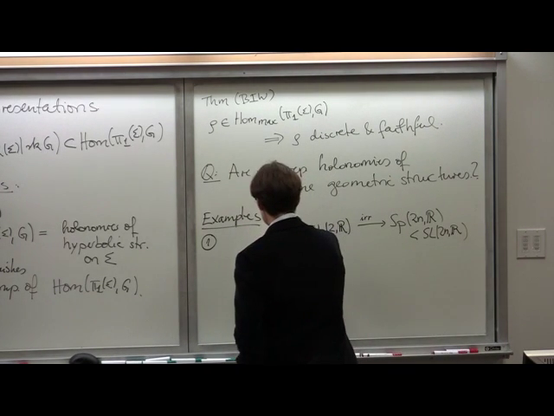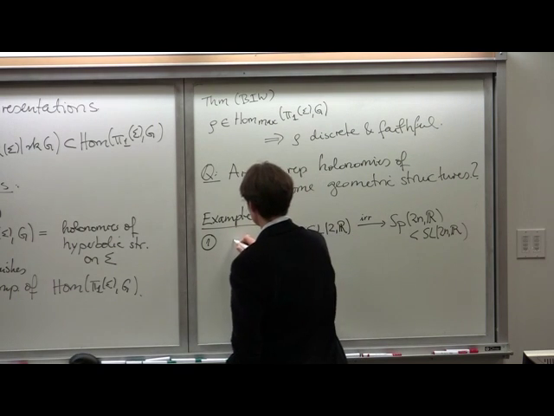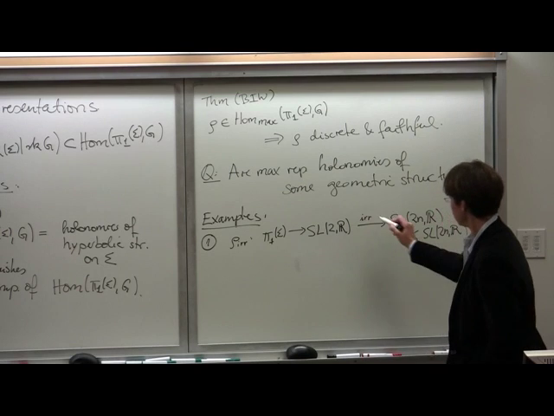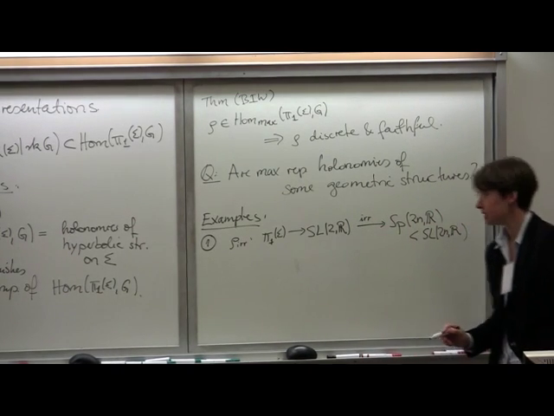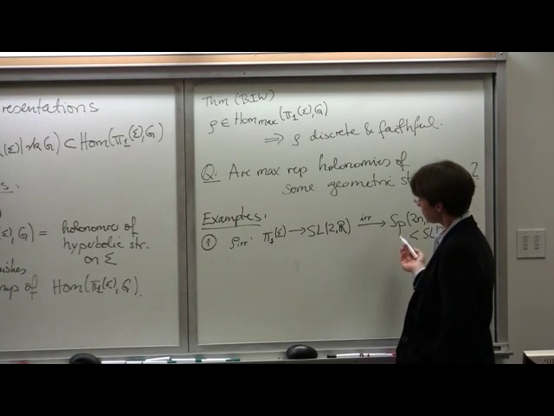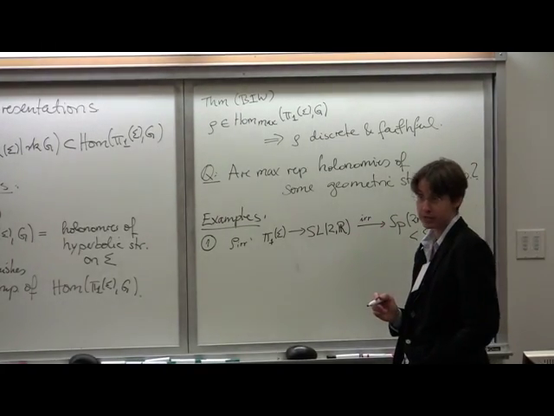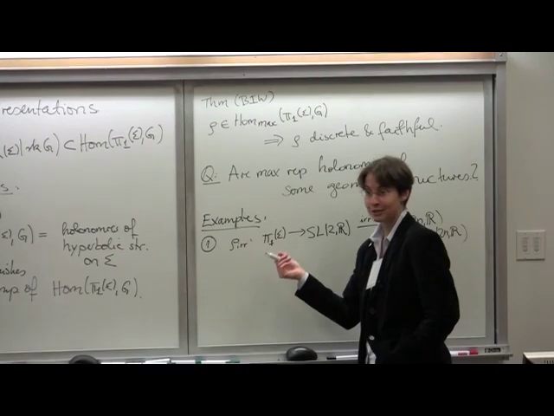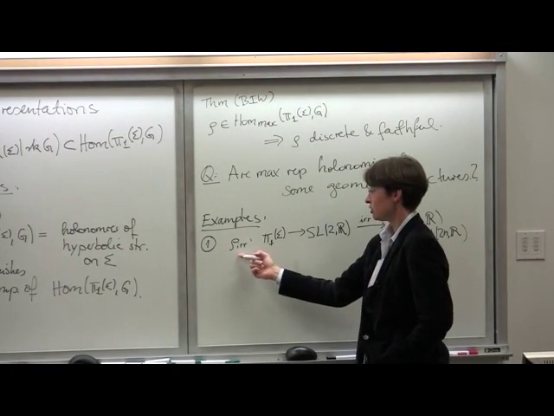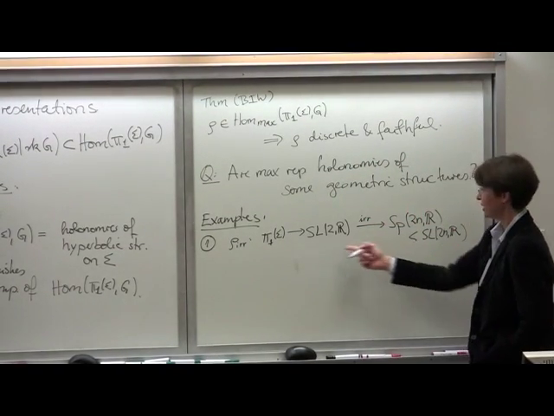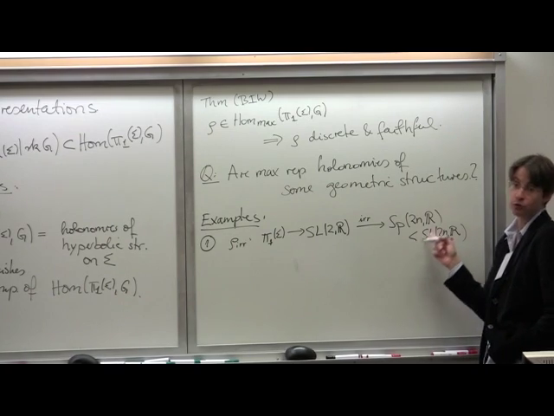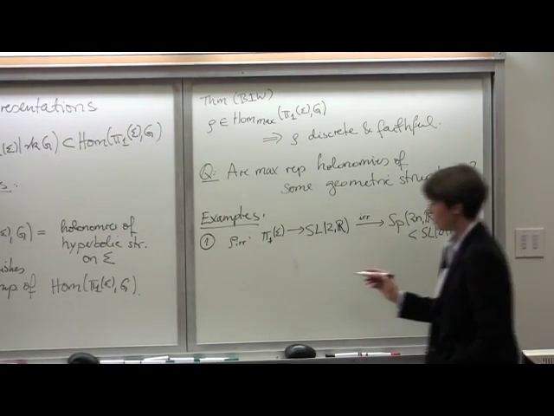Then we precompose with a discrete embedding of the fundamental group of the surface into SL2R. I call this rho_irreducible because it comes from the irreducible representation. You can compute this very explicitly. This is an example of a maximal representation. It's a very important and specific one because it's also an example of a representation in the Hitchin component for Sp2nR.